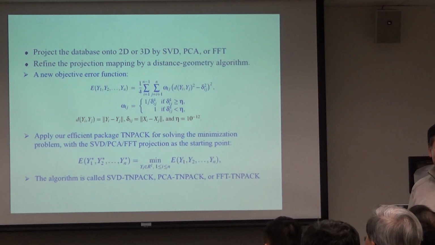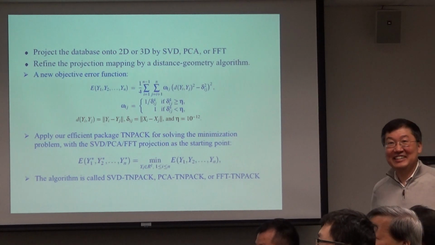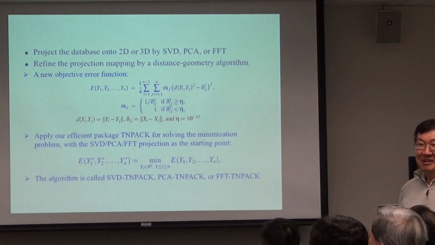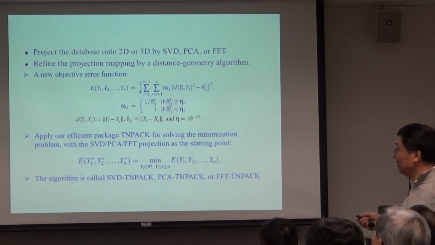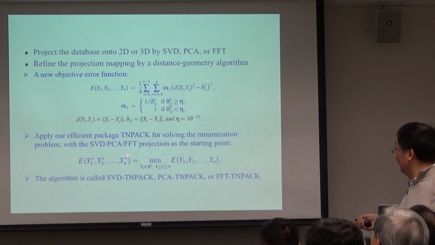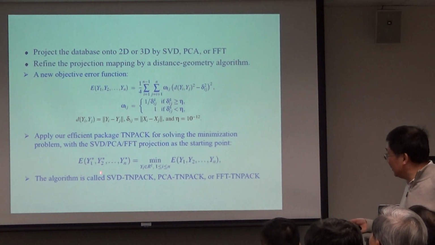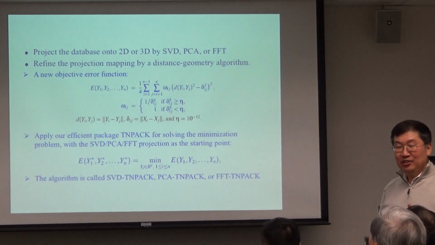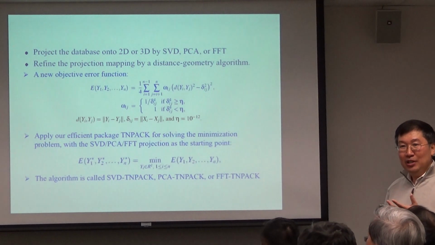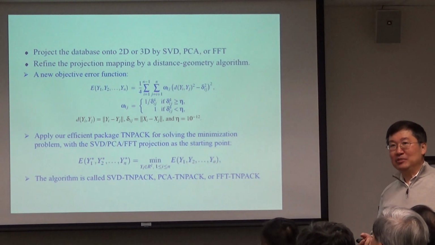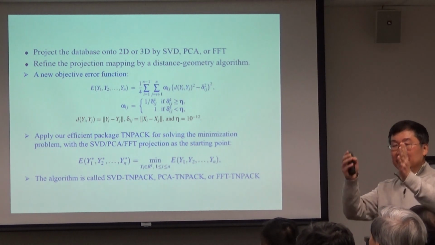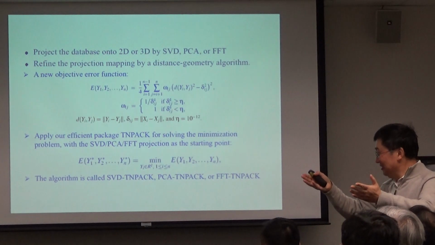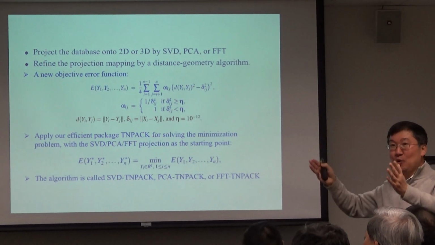Is the distance only restricted to the Euclidean distance, or can it be any other distance? Any distance you can calculate? I would say we use the Euclidean distance because in the beginning we worked with SVD, singular value decomposition. Singular value decomposition maps from high dimension to low dimension using the first few eigenvalues. The singular values, if we square them, are the eigenvalues.